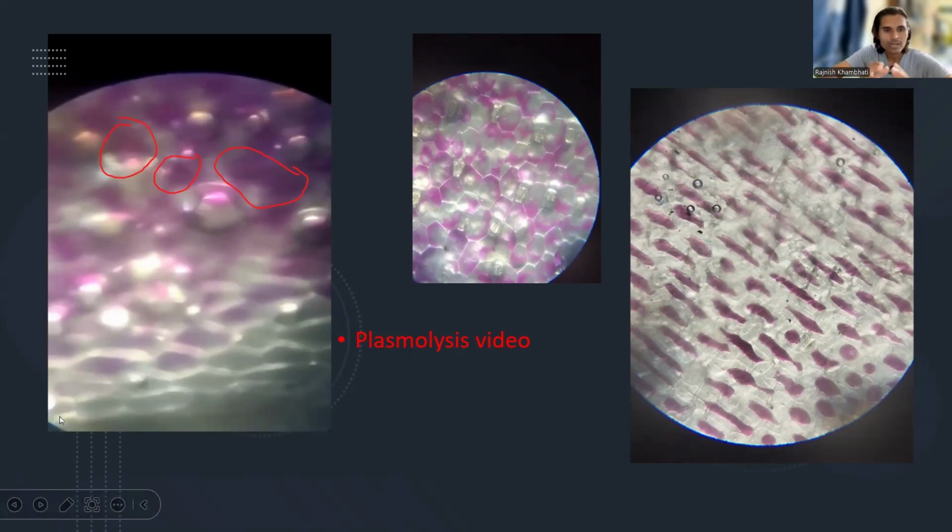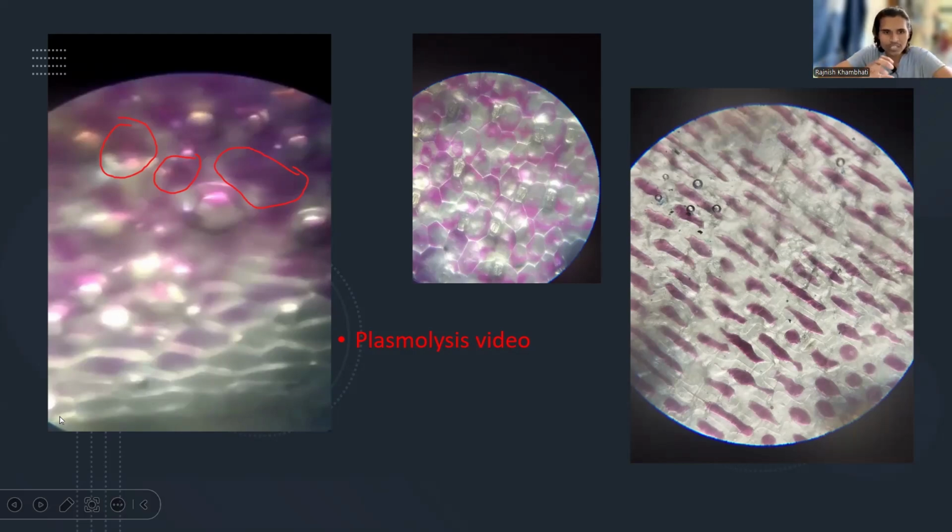Now slowly, that cytoplasm, which is in a very big area, will come to a corner of the cell, a very small area of the cell. Slowly, that area will turn into a different looking structure. Very carefully see this.